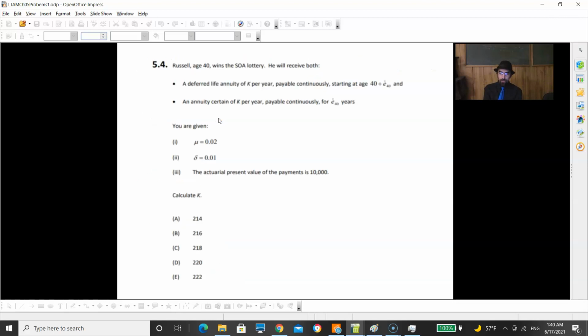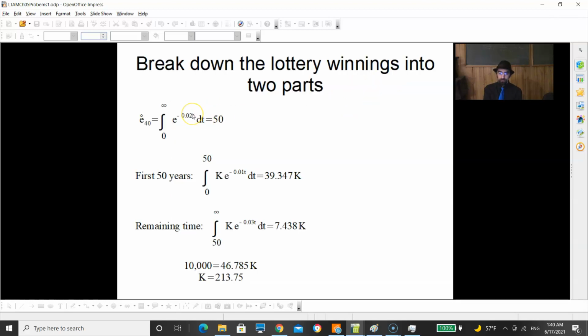So now, since the annuity is certain for 50 years, and life contingent for the rest, for the first 50 years, you just say, all right, it's integral from 0 to 50 of face value of payment times discount. You get 39.347K.